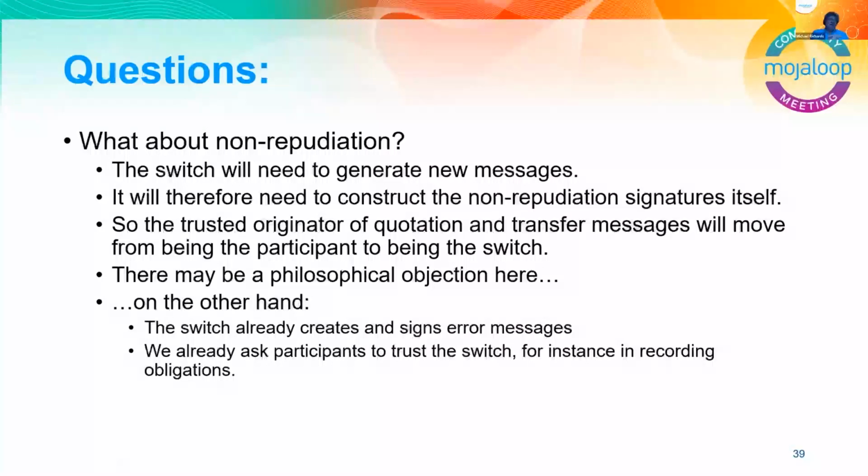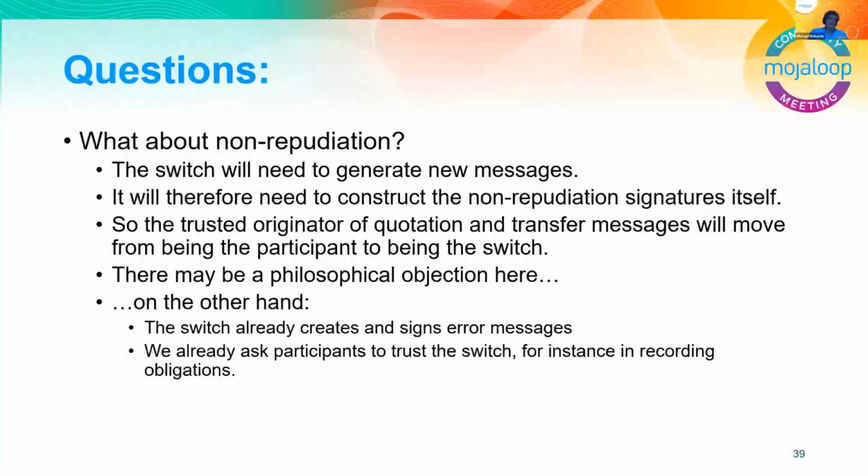We have a detailed sequence diagram that describes how it could happen, which I'd be happy to circulate to interested parties. It's relatively long and complicated, as you might expect, but it does have all of the message contents and things like that. So it's a possibility.